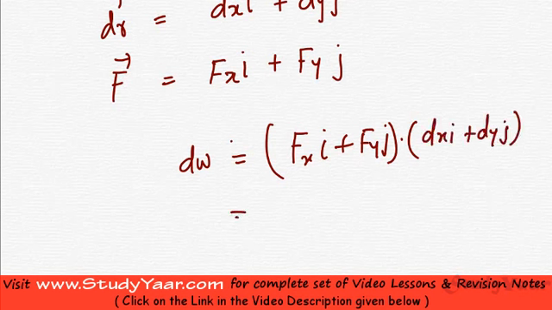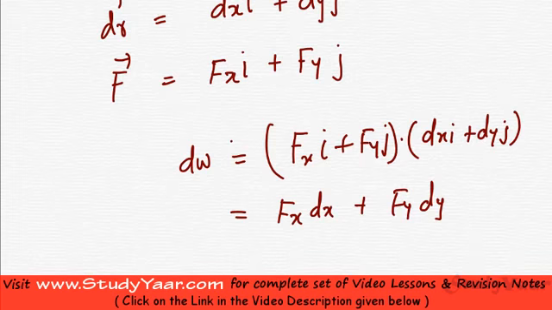So essentially what you're getting is Fx into dx plus Fy into dy. This is your dw.